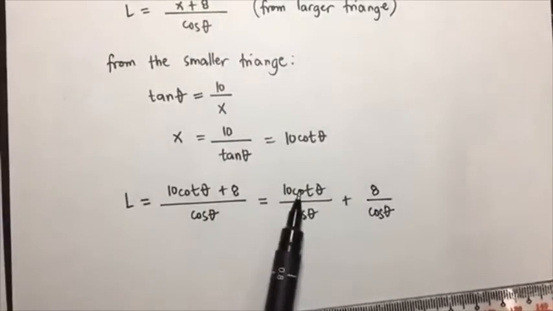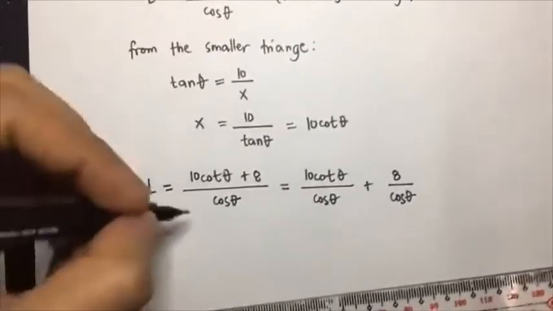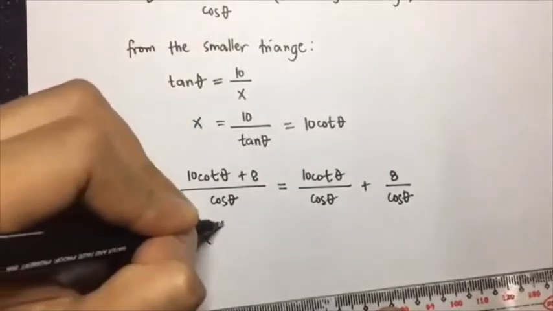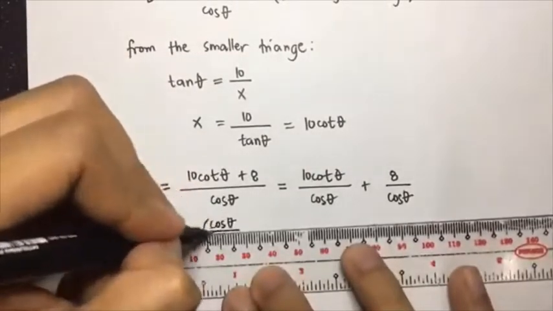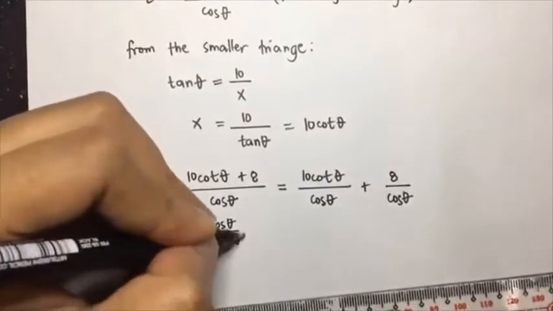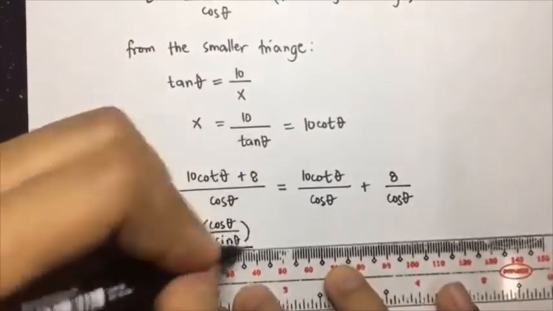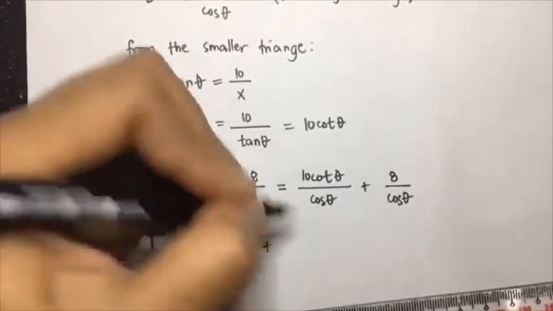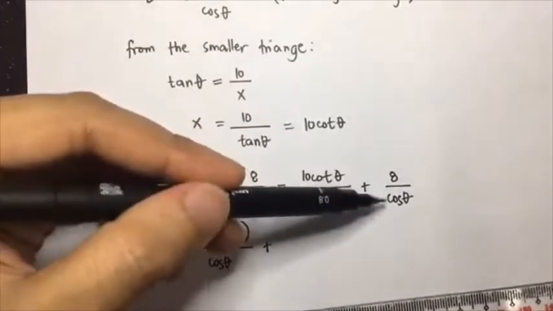Since we know that cotangent theta is equal to cosine over sine, L is equal to 10 times cosine theta over sine theta, whole over cosine theta, plus 8 over cosine theta.